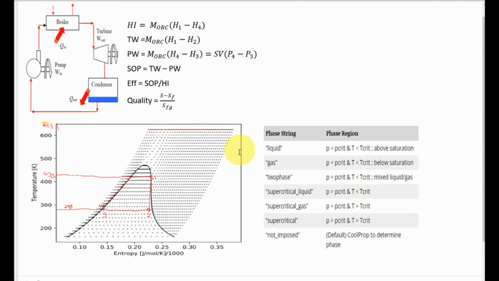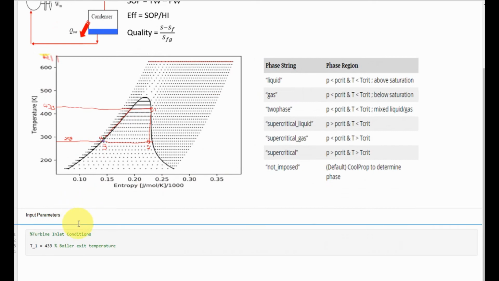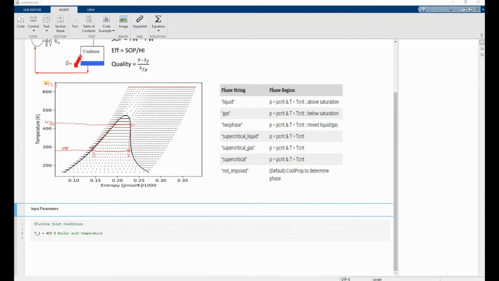For the purpose of this model, I'm using the CoolProp fluid library. For those of you not familiar with CoolProp, CoolProp is a free open source fluid property library where you could access hundreds of fluid properties.